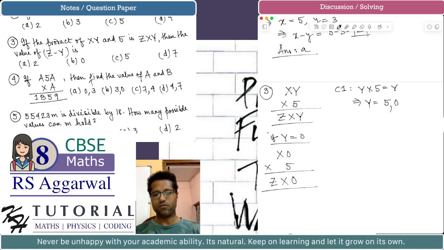Now, what can x and z be? From this result we can say a possible value of x can be 5, because then 50 multiplied by 5 is 250, and z will be equal to 2. So this is one possibility.